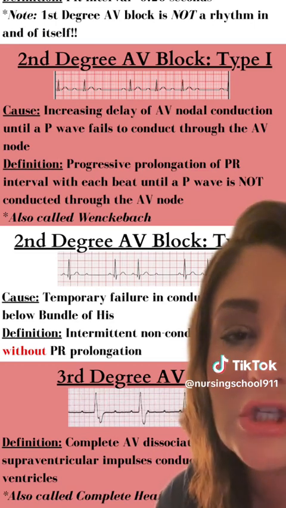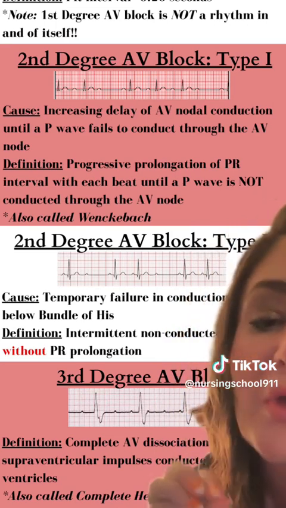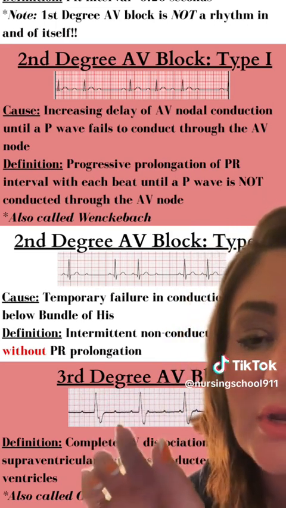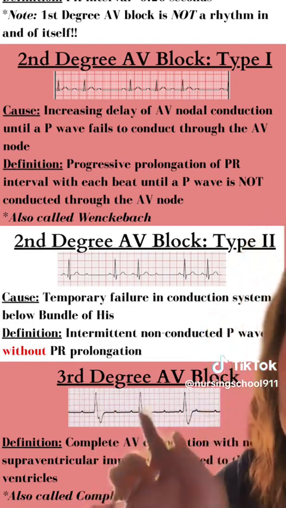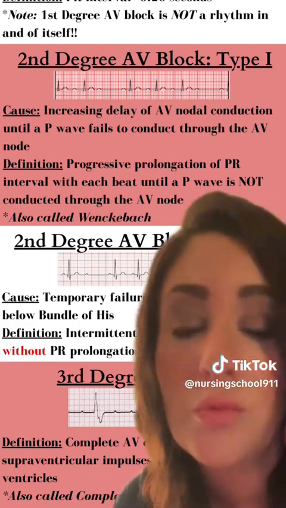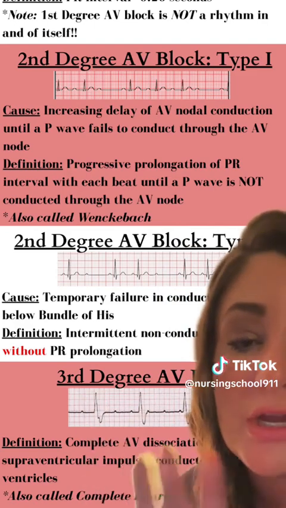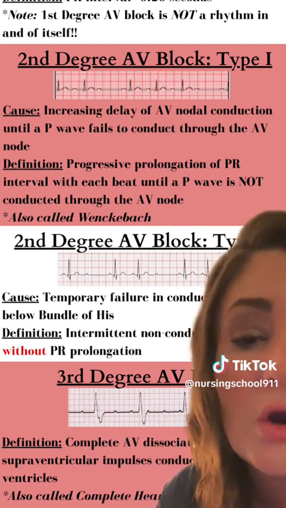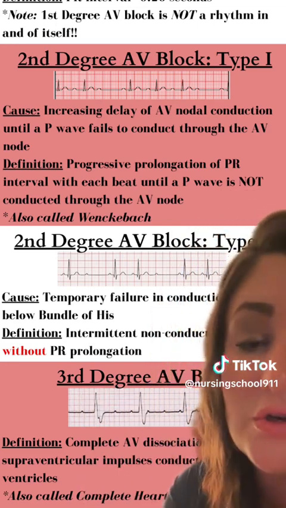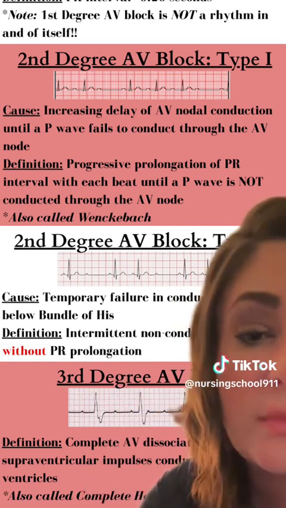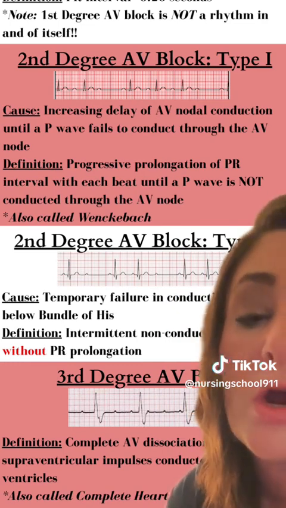You can test out if this is a third degree AV block by marching out your P waves. Your P waves are going to march out regularly. Your QRSs are going to march out regularly, but your P waves don't have anything to do with your QRS complexes, okay? They are totally doing their own thing. The atria are doing their own thing and the ventricles are doing their own thing. There is no communication between the two. All right, it's also called complete heart block for this reason.